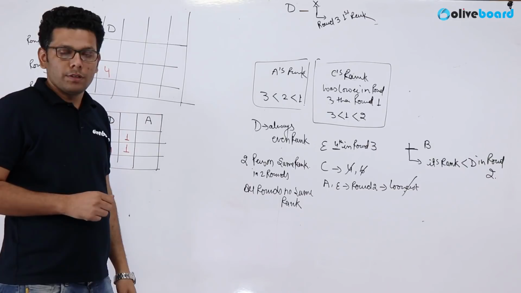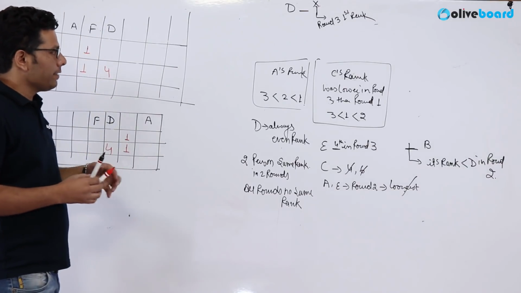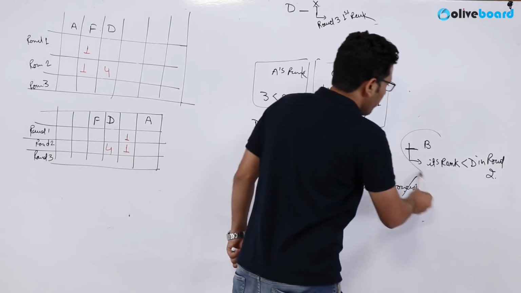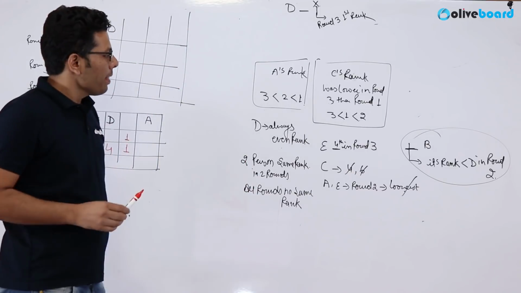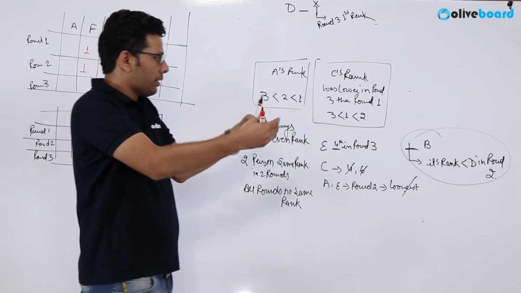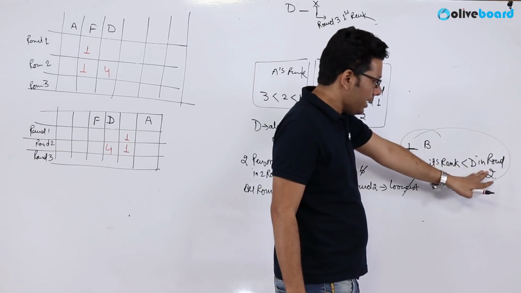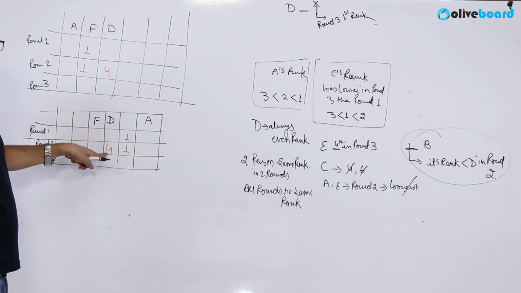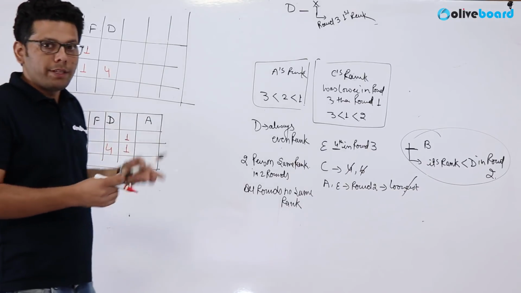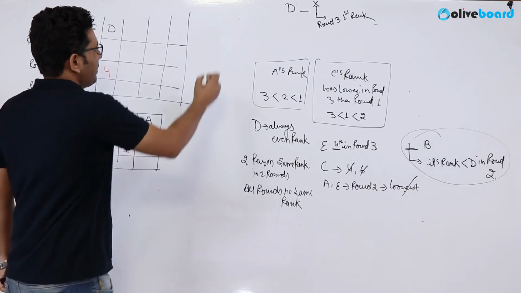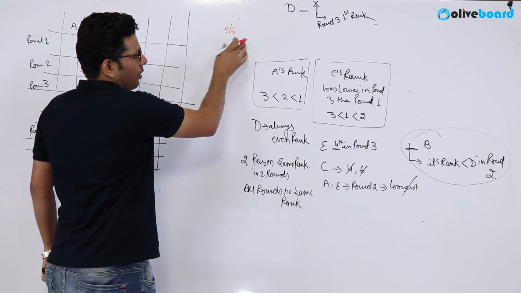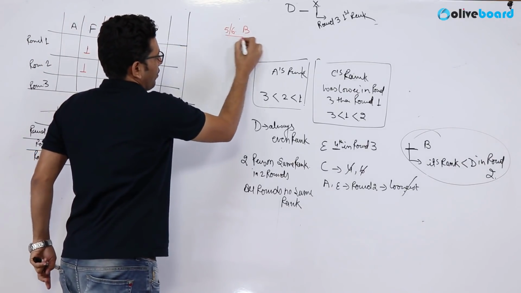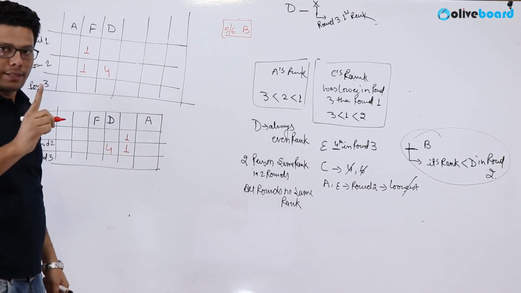So if I do the analysis, B is again related to D. B is to the right of the person whose rank is less than D in round 2. In round 2, D's rank is 4, so lower than 4 would be 5 and 6. So 5 and 6 is the immediate left of the B. Okay, this is the data.